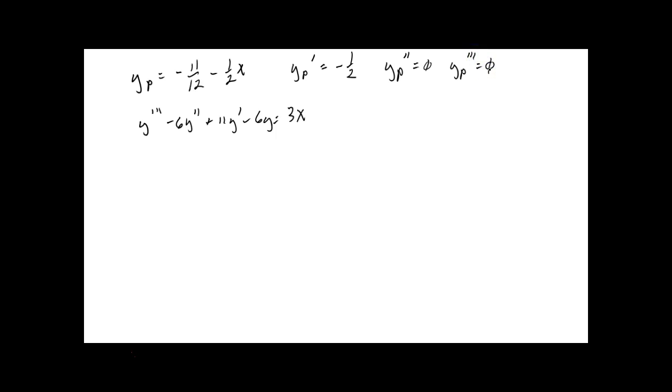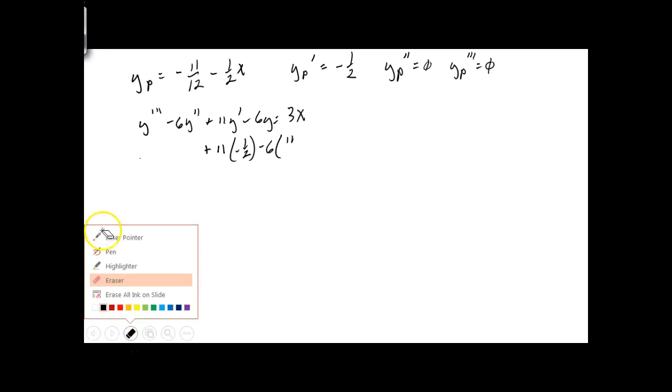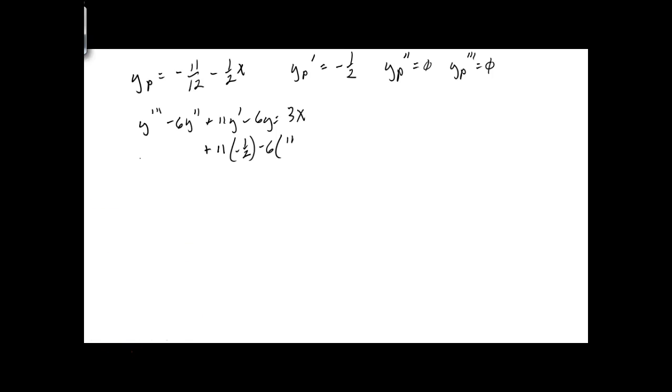Okay? So this shouldn't be too hard to do. Readily shown. So this would be 0 minus 6 times 0 plus 11 times minus 1/2 minus 6 times y particular, which would be minus 11/12 minus 1/2 x.